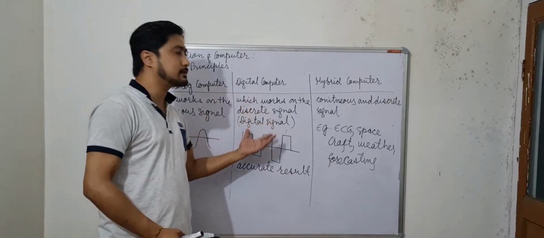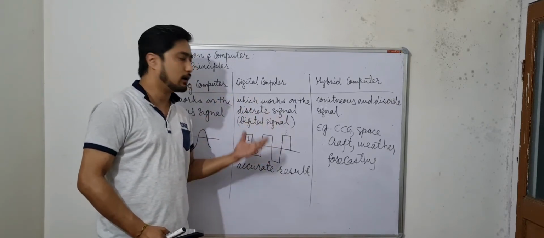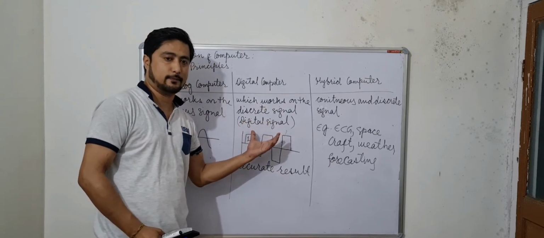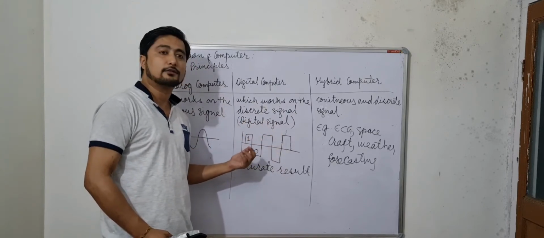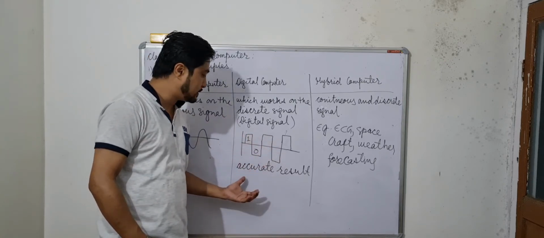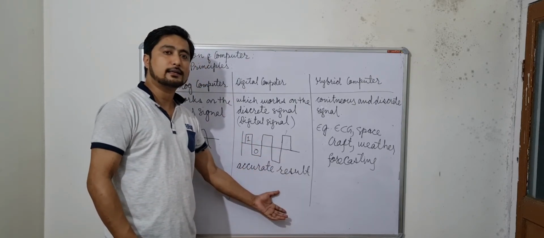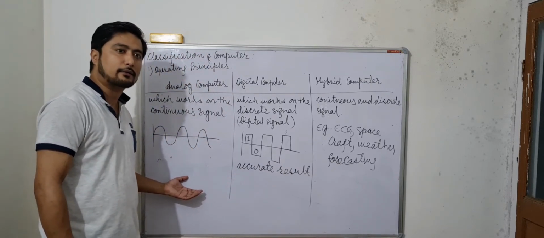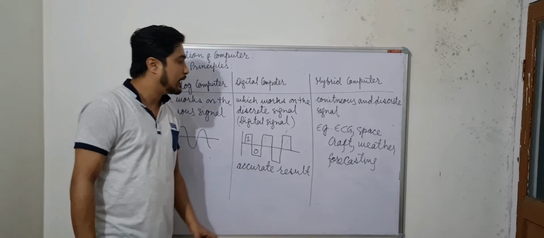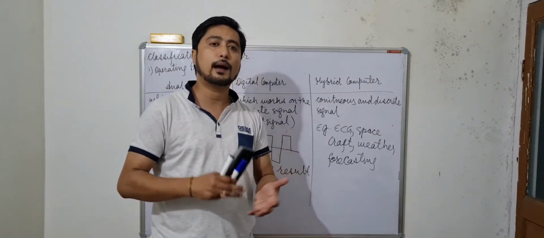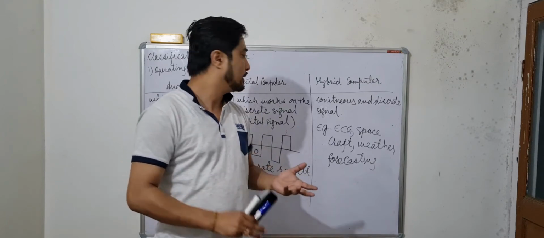And the next one is digital computer, which works on the discrete signal, that means the digital signal, which is represented by the values 1 and 0, and the result is accurate. Whereas in case of analog, it is not accurate, it gives the approximate answer. And hybrid computer is the combination of both analog and digital computer.